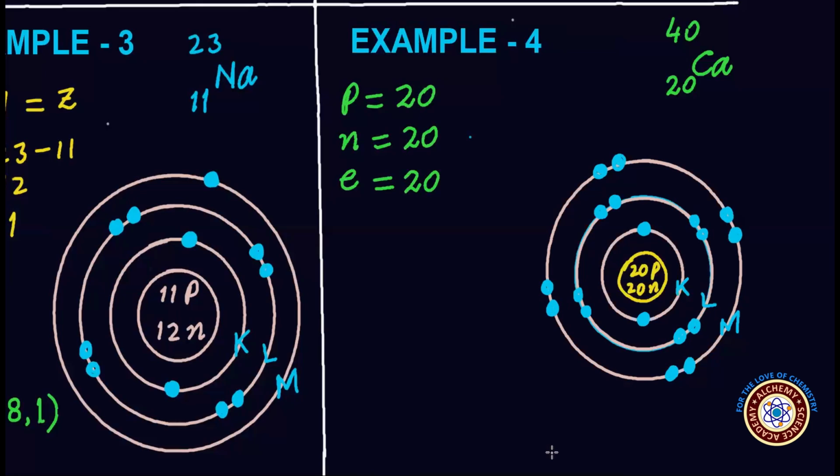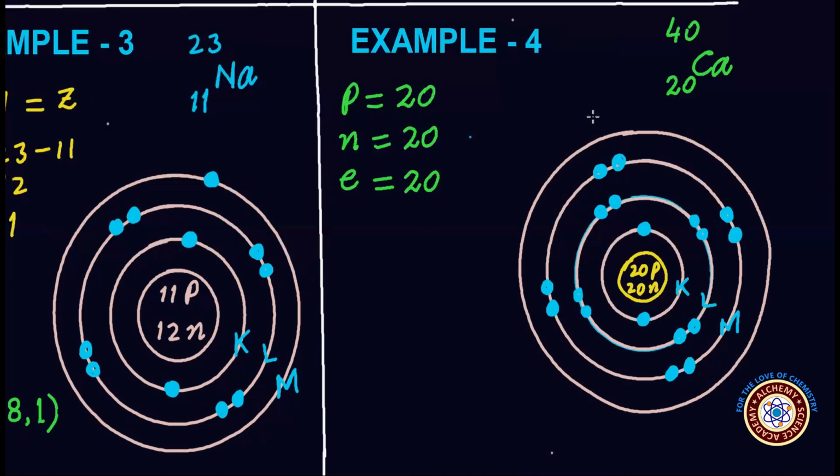Still 2 more electrons we have to draw for calcium atom, and those 2 electrons would go to the fourth shell of this atom, instead of arranging in the third shell. Fourth shell is denoted by capital N. So when the atomic number of an element is higher than 18, we see an anomaly.